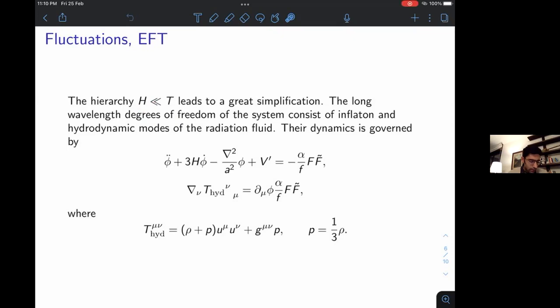And this is a distance scale which is much bigger than the inverse temperature, a mass scale which is much smaller than temperature. And this hierarchy of scales allows us to apply the effective field theory.